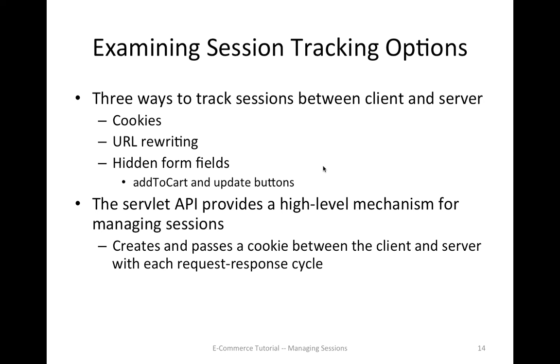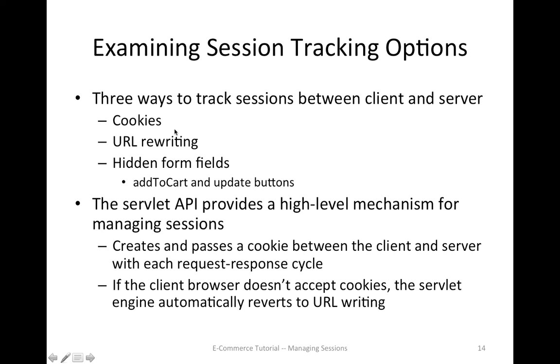It first will create and pass a cookie between the client and the server with each request-response cycle. So it uses the cookie. If the client browser doesn't accept cookies, then the Servlet engine automatically reverts to URL rewriting. Then it will use URL rewriting.